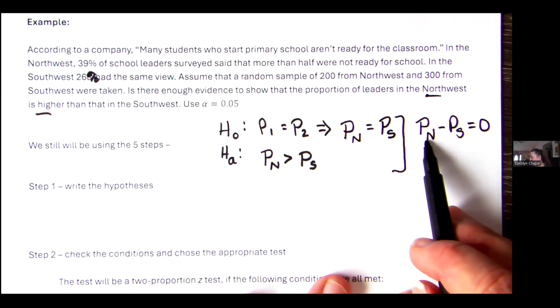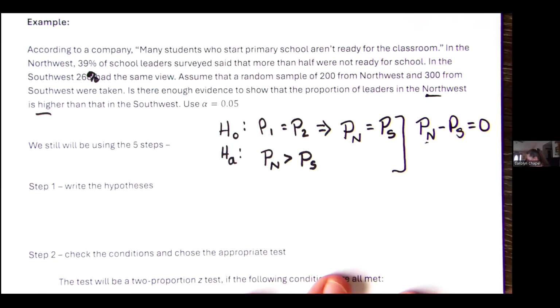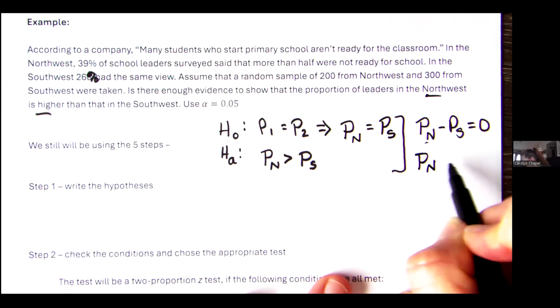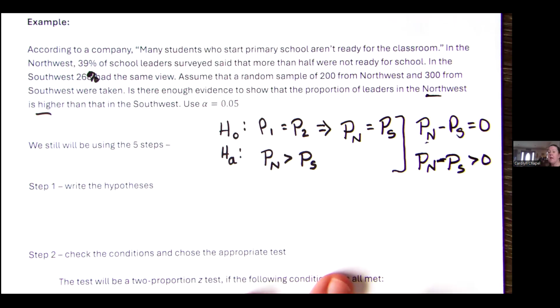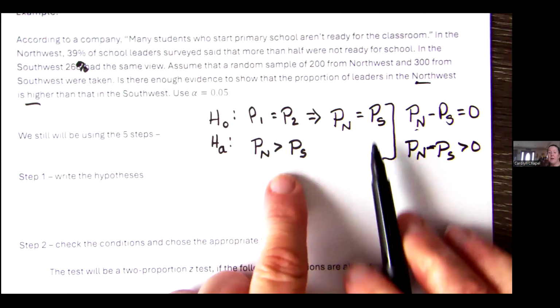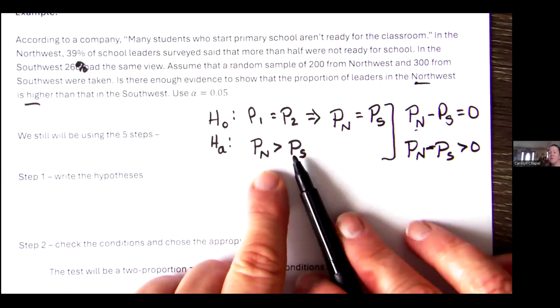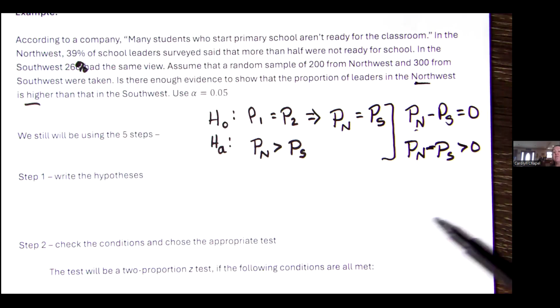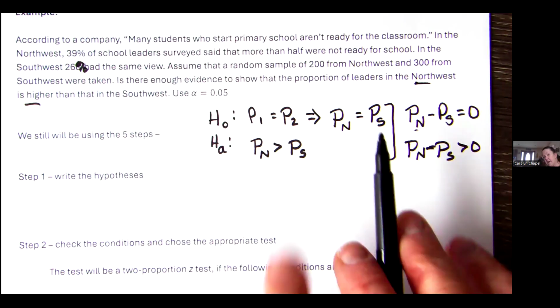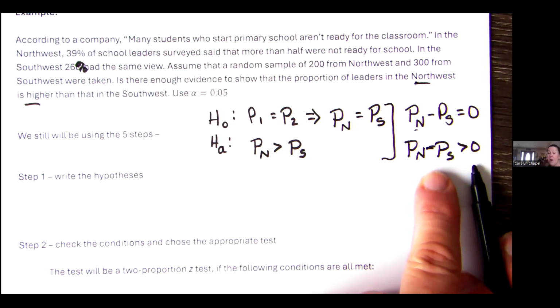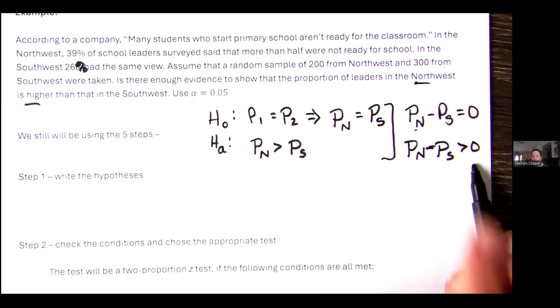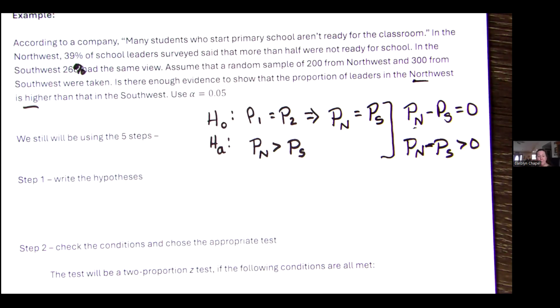So we're looking at the difference in these two being equal to 0 versus the difference being greater than 0. However, I still like to write my hypotheses in this form because it makes more sense as far as the problem goes. You can translate them into this as the software will if you want to. But again, there is no definite need to.